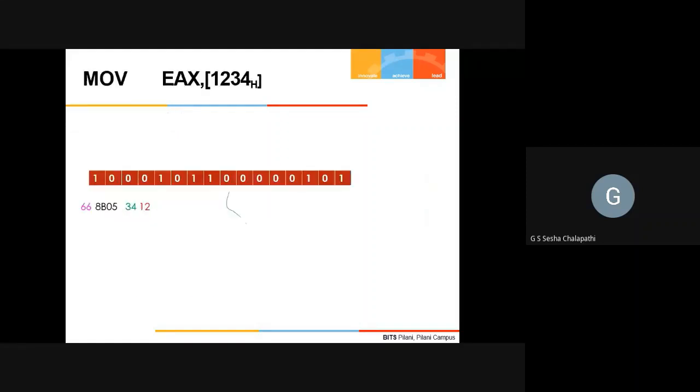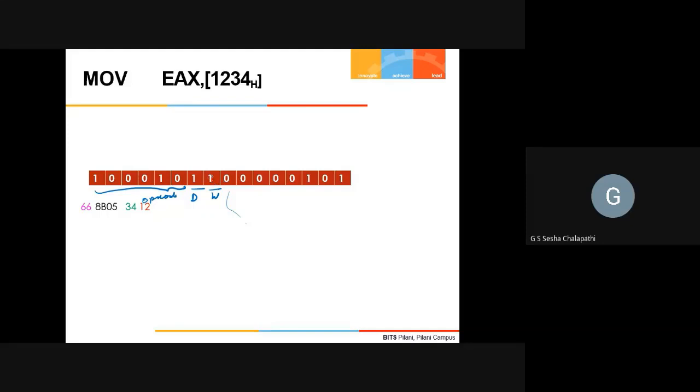Now if I have this particular instruction, MOV EAX, [1234H], again 1000010 will be your opcode. The direction bit is into a register, so this will be the D bit. W bit is also 1 because you are moving a word into a register.